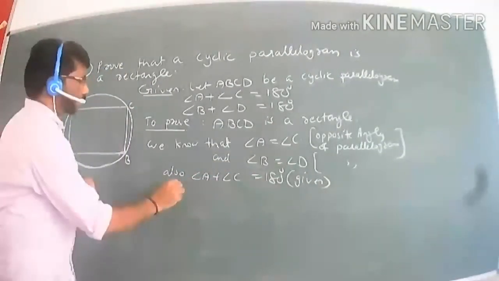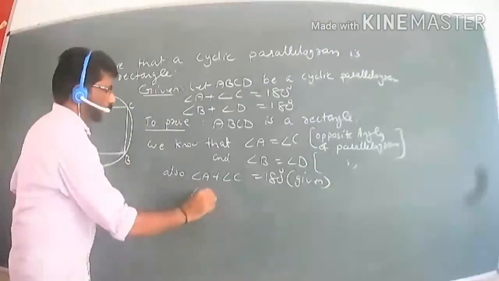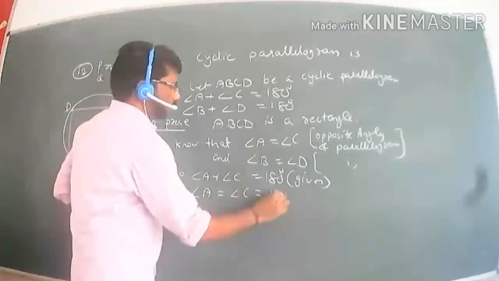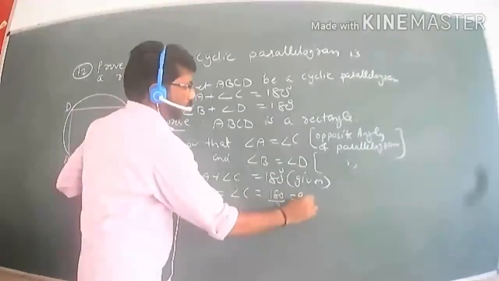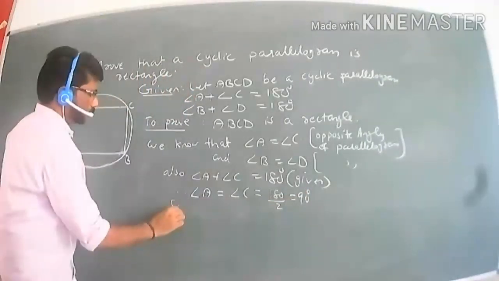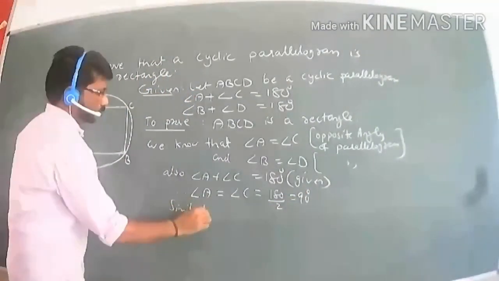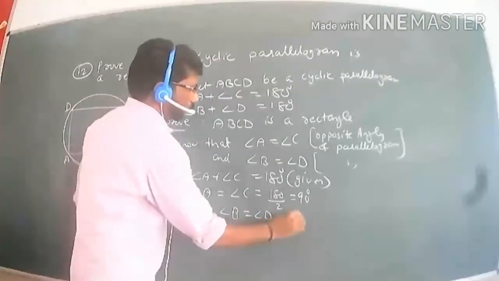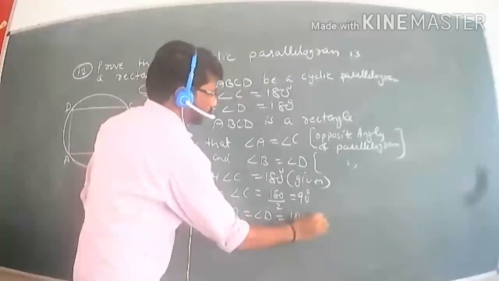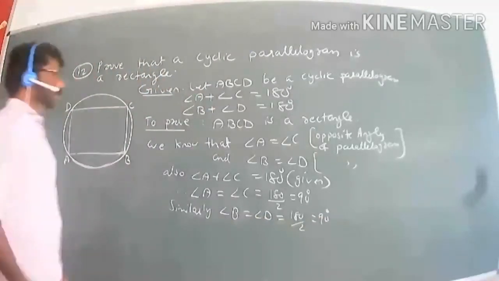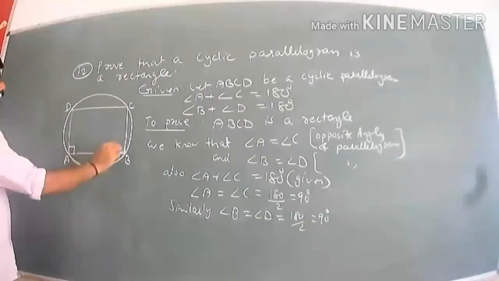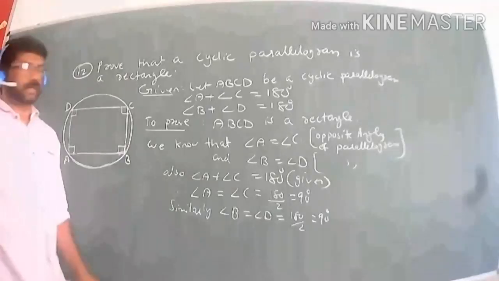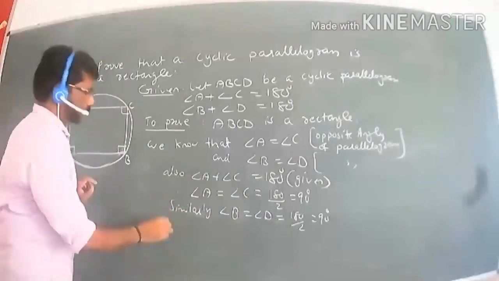Then what will be angle A and angle C? So angle A and angle C both will be half of 180, which is equal to 90 degrees. Similarly, angle B is equal to angle D, which is also half of 180, equal to 90 degrees. That means here all the angles are 90 degrees. So since it is a parallelogram with 90 degree angles, it is a rectangle.